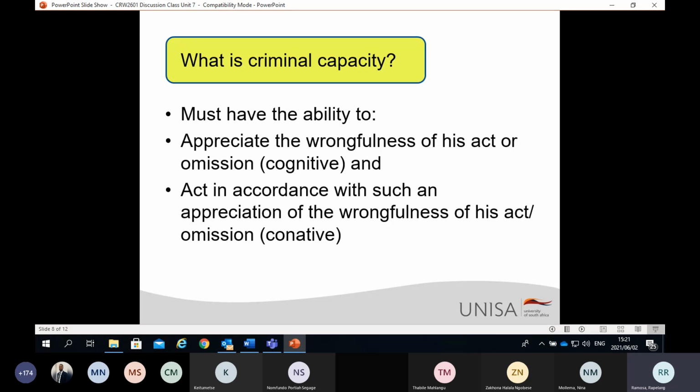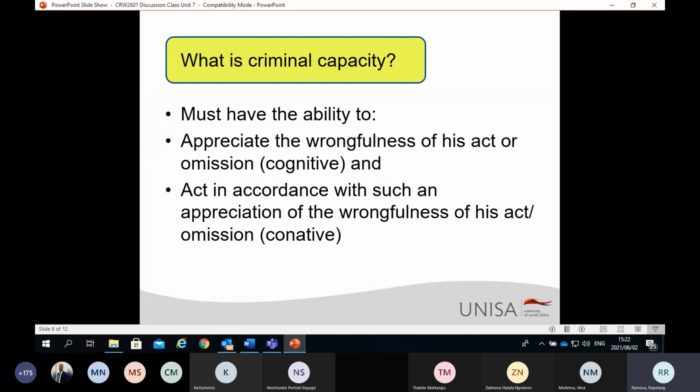When we look at the ability to appreciate right from wrong, we are talking about a foundational mental ability that should be presumed upon everyone who acts in an unlawful way.